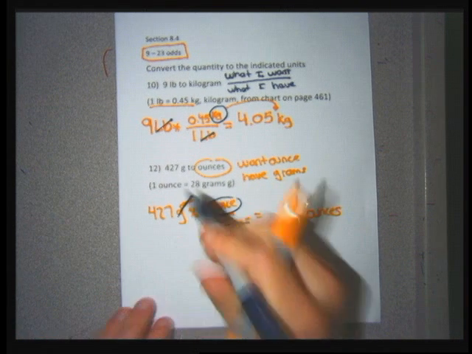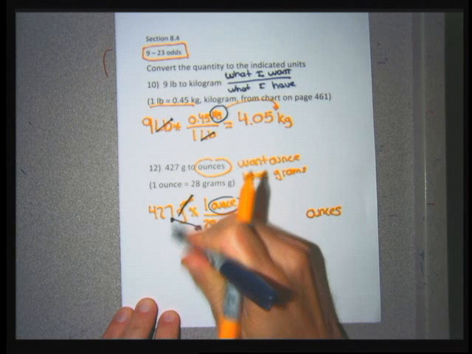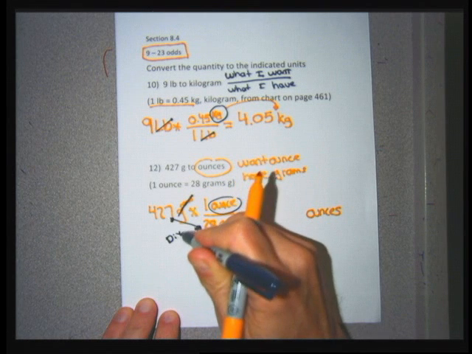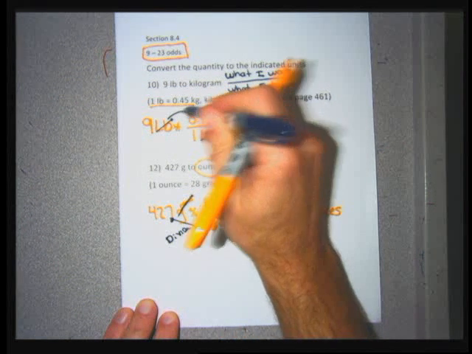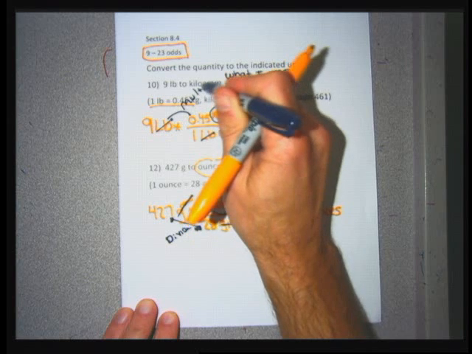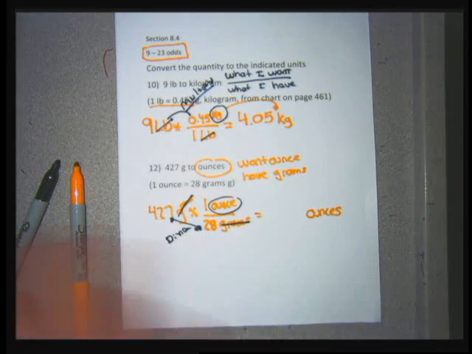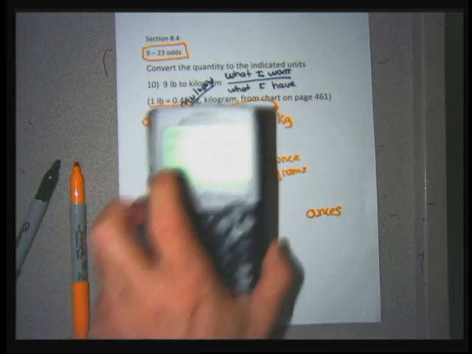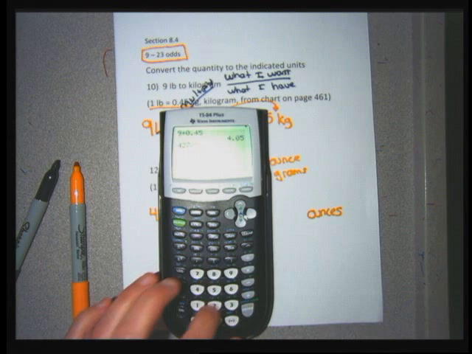In this particular problem, because the 28 is in the denominator, I have to divide as opposed to multiply. In problem 9, because the 0.45 was in the numerator, when I solved the problem to get my answer, I multiplied. But in this problem, because the 28 is in the denominator, I have to divide. So I'm going to just go 427 divided by 28.